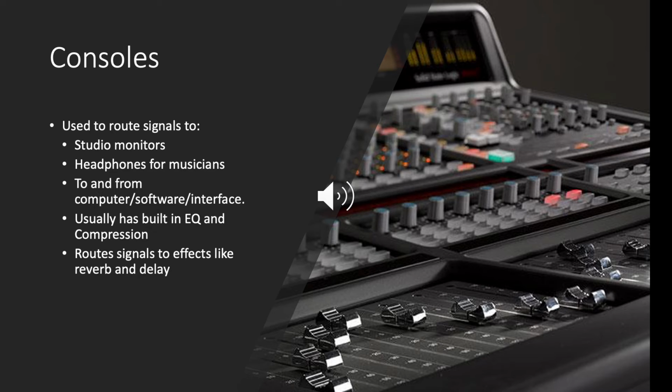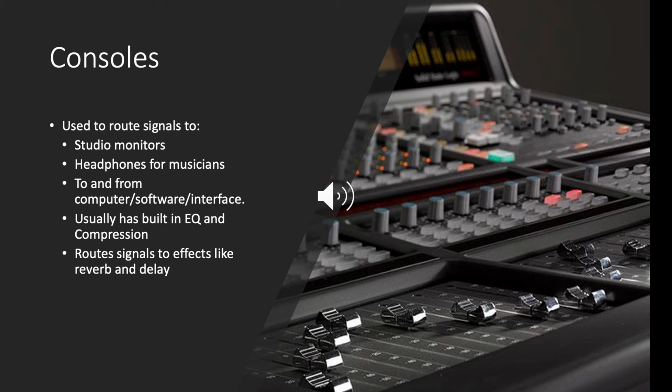The studio console in general is basically a big routing matrix, meaning it will take any signal, maybe a kick drum input or a vocal input, and route that signal wherever you might need it. Sometimes to the interface to be recorded in the computer, to the studio monitors, to an effect like a reverb effect, or also to the headphones for the musician to hear themselves and hear previously recorded tracks.